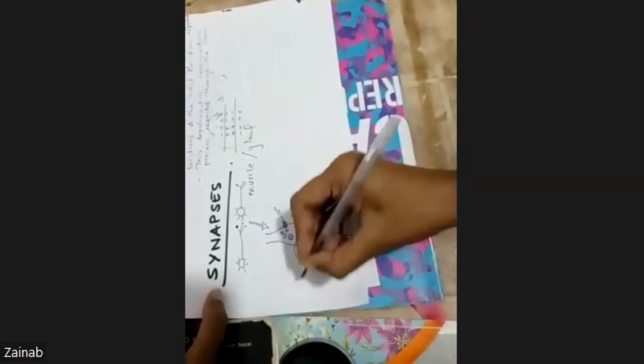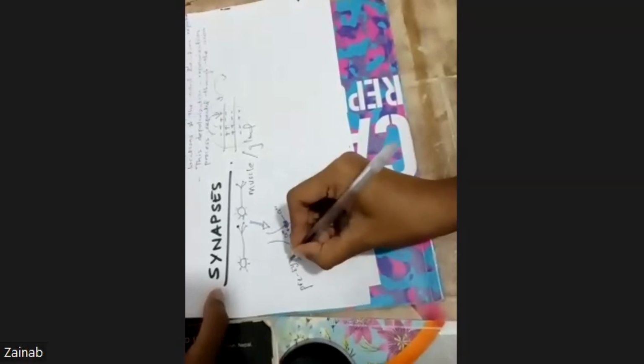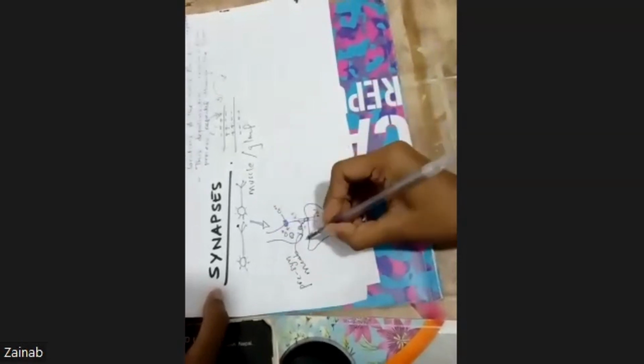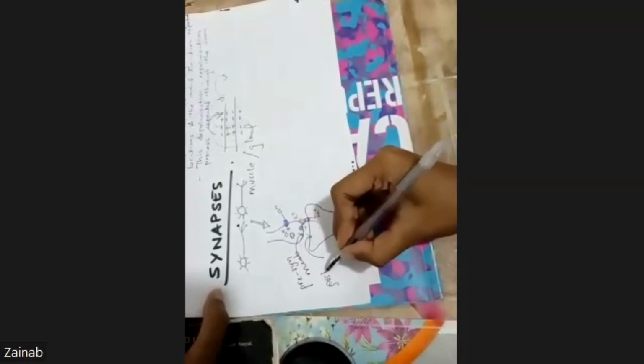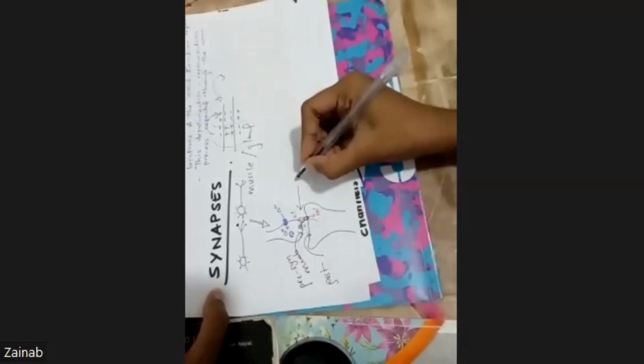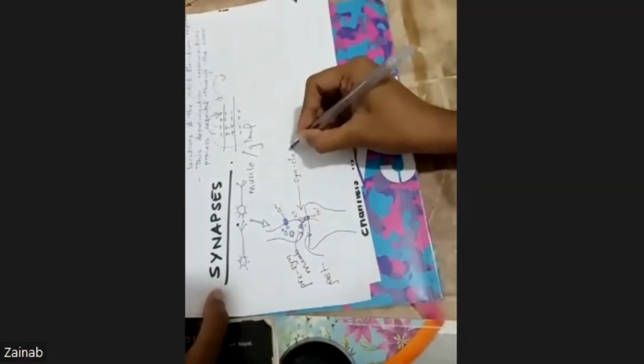This is called the presynaptic membrane. This is called the postsynaptic membrane. The gap between them is called the synaptic cleft.